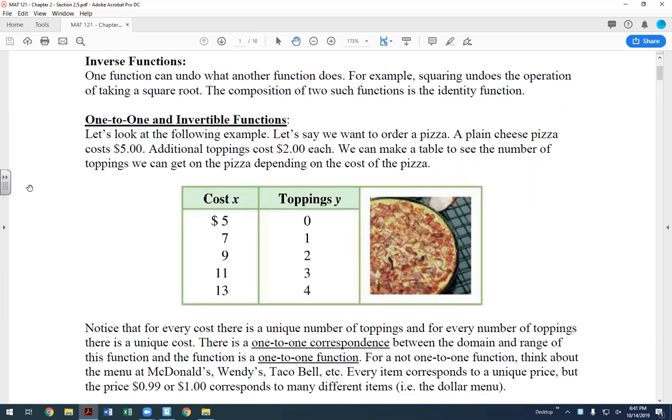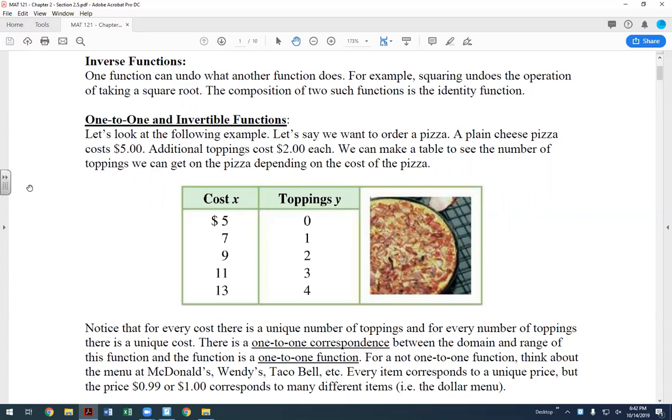We're saying we want to order a pizza. If you get a plain cheese pizza, you're paying $5. If you want to get any additional toppings, you start paying $2 for each additional topping. So if you think about the cost of the pizza being our x values and y representing the number of toppings, then the idea here is if I know the cost of the pizza and I know it's going to be $2 for each topping, from looking at the x value, I should be able to find my y value, right?